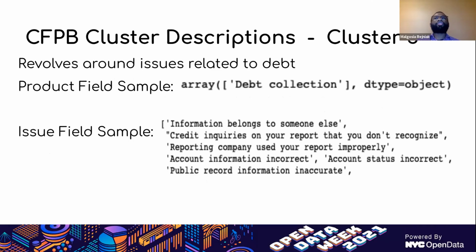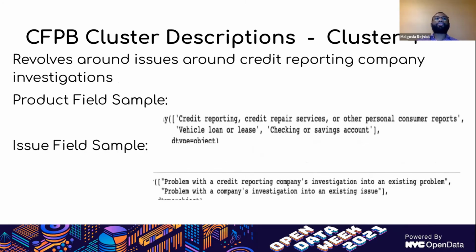Cluster 3, these were issues related specifically to debt. So this involved debt collection, but I guess it also had some incorrect information that seemed to be populating in there as well. And then we have cluster 4. Cluster 4 was essentially issues around credit reporting companies.